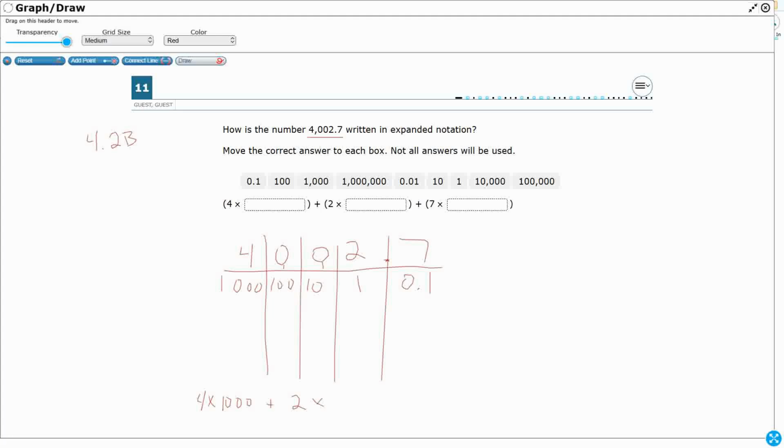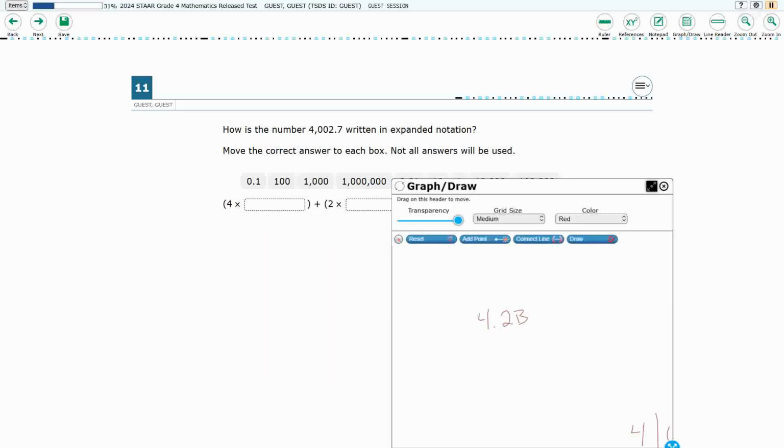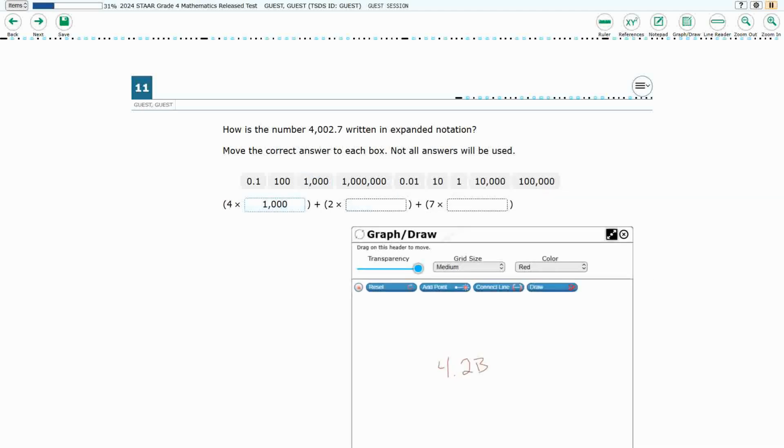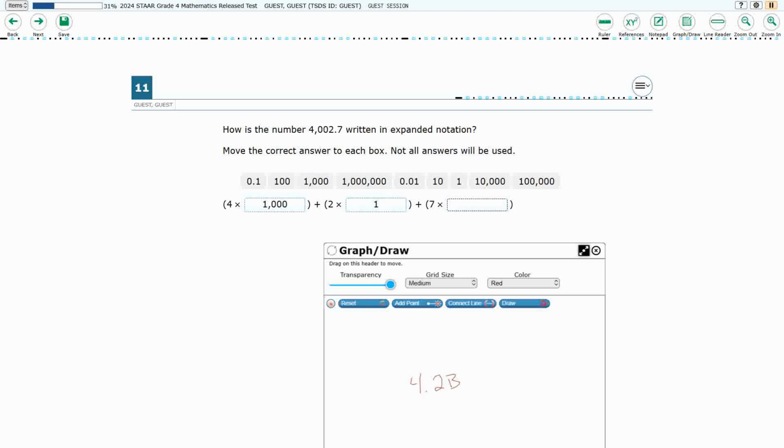I've got 2 times a ones place, and then I've got 7 times tenths. That's it. That's all we got to do. So let's bring that down. 4 times 1,000, 2 times 1, and then 7 times tenth.